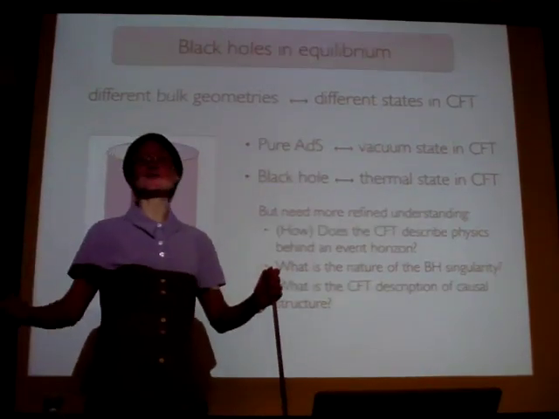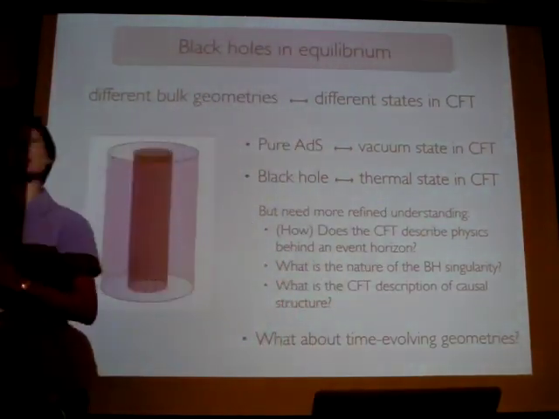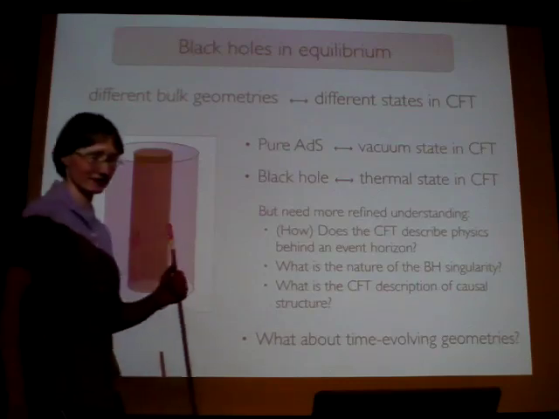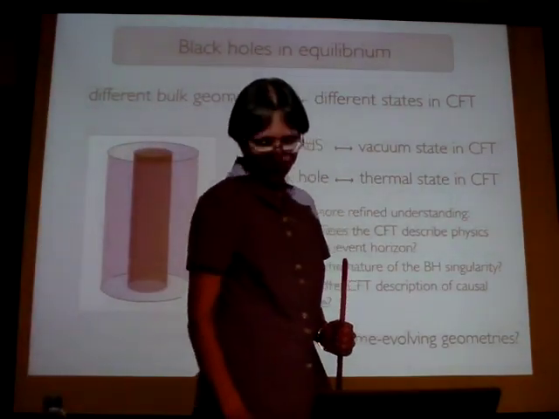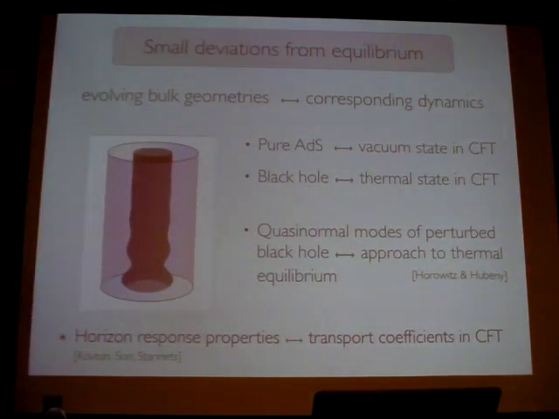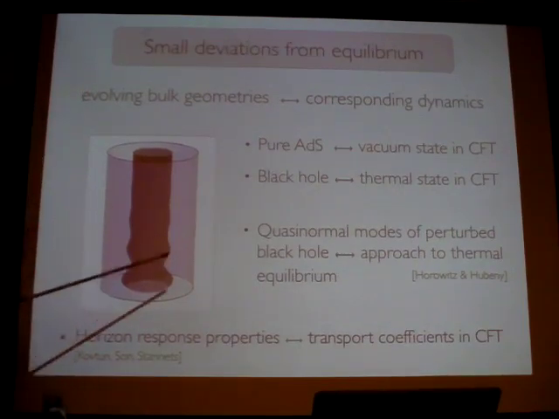So as a starting point, one wants to at least understand what about time-evolving geometries? How is the time evolution captured on the field theory side? So for small deviations from equilibrium, this was actually well understood from the early days of AdS/CFT.